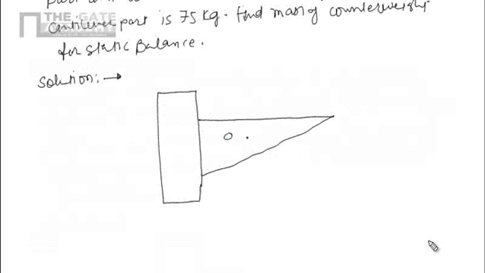Here this is the hinge joint. There are two points, P and R. At point P, the mass of the cantilever is concentrated. This one is the point R. The mass of the cantilever is 75, so the weight is 75 into 9.8.